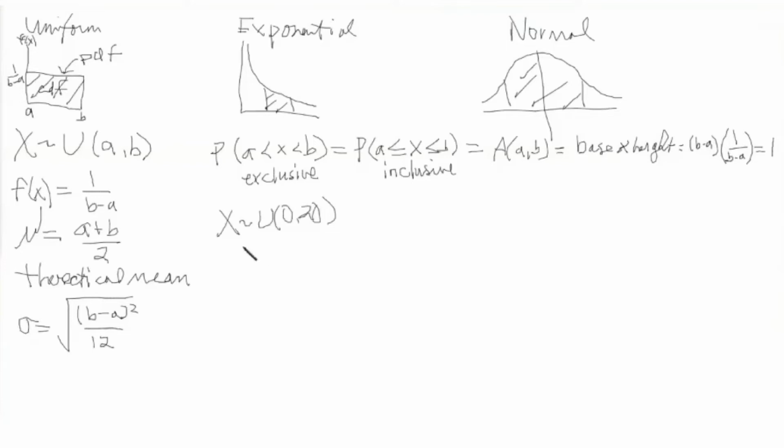Okay, then my f of x is going to equal 1 over 20 minus 0, which is just going to be 1 over 20. My theoretical mean is going to be 0 plus 20 divided by 2, which is going to give me 10.